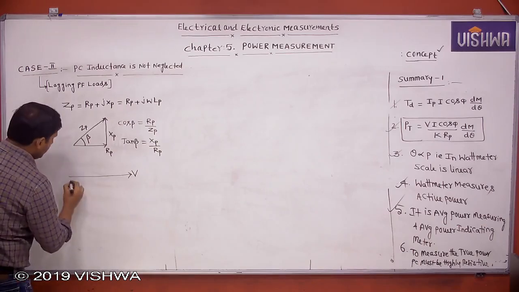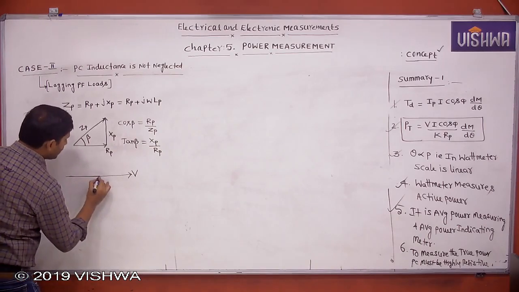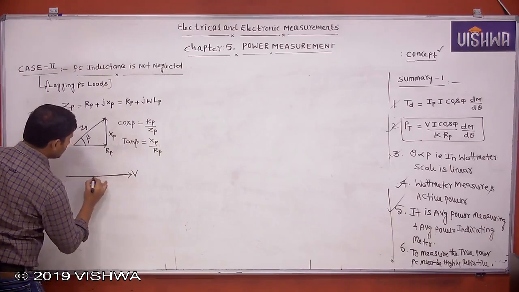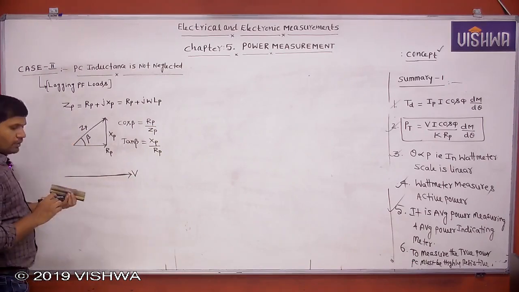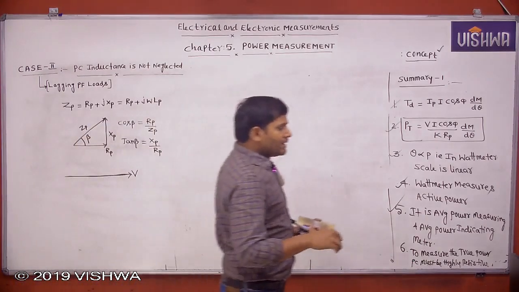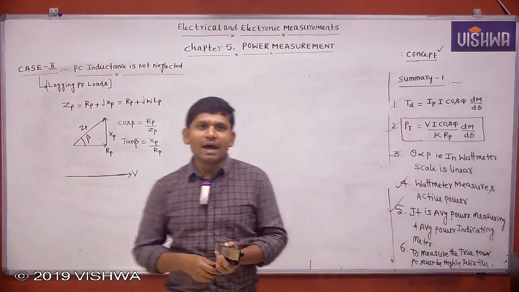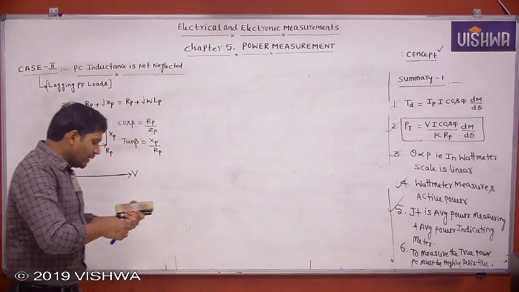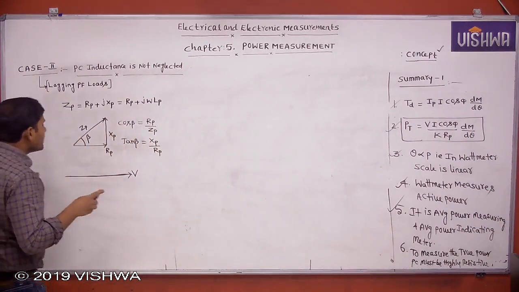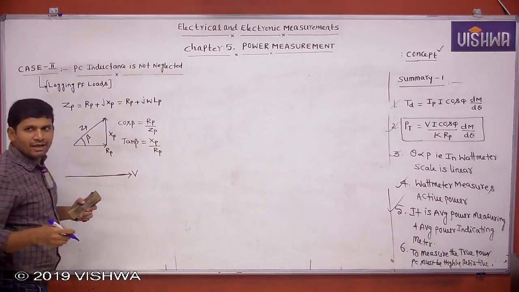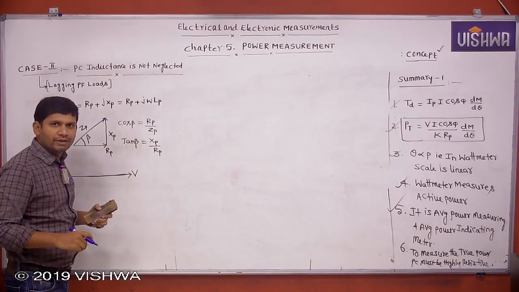Then we are assuming lagging loads. Yes, the pressure coil inductance is not neglected. In this case, tell me, does the pressure coil current lag the voltage, lead the voltage, or is it in phase with the voltage? Yes.